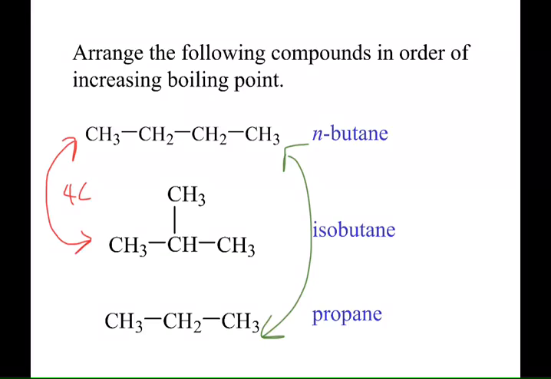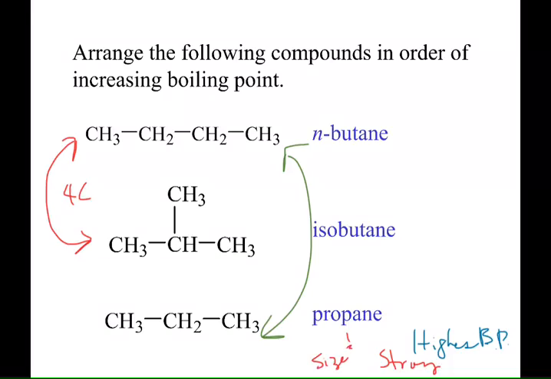So we'd have to arrange them in order of increasing boiling point. So we want to have the greatest boiling point down here. Highest BP, does that mean strongest bonds or lowest bonds? Strongest bonds, yep. And we know strength comes with size and no branching, right?